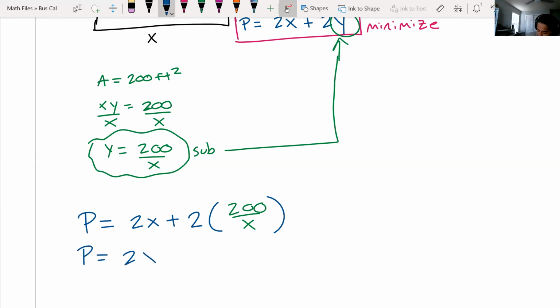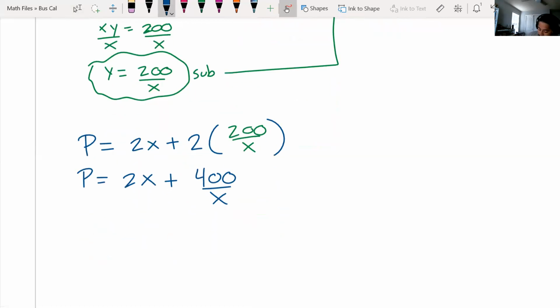P equals 2x plus 400 over x. Since this is all in terms of one variable, we can take the derivative. But before I do so, I'll rewrite it as 2x plus 400x to the negative 1, flipping that x to the numerator.